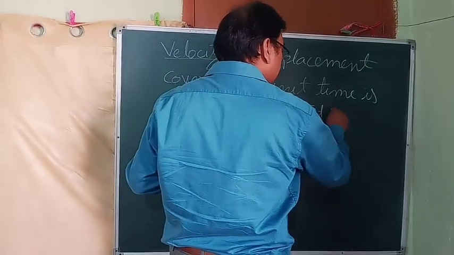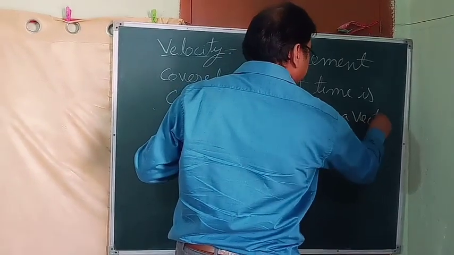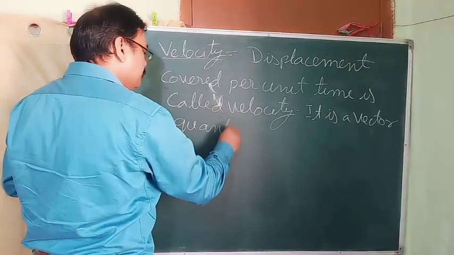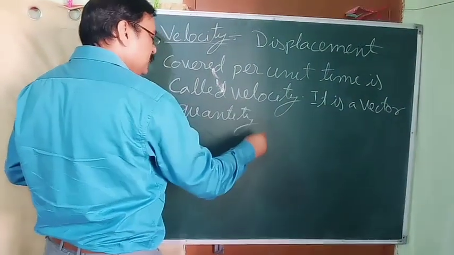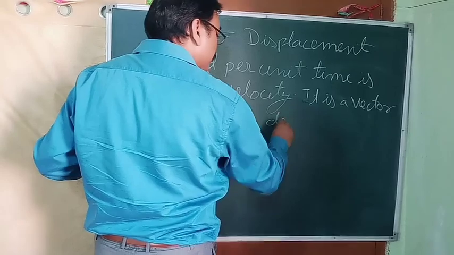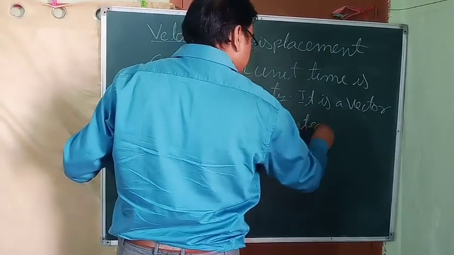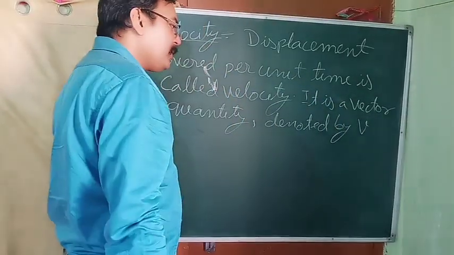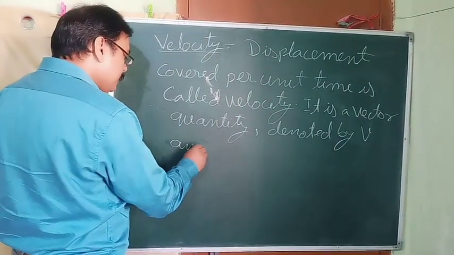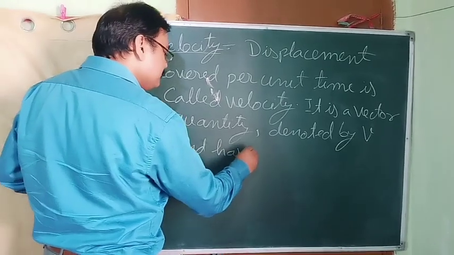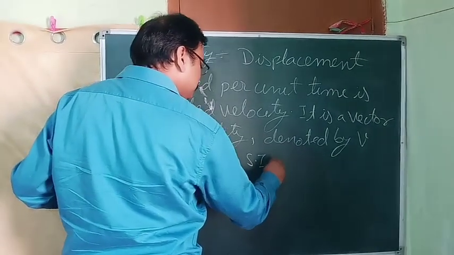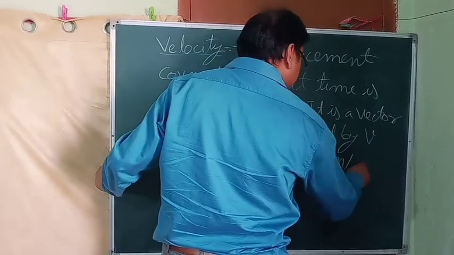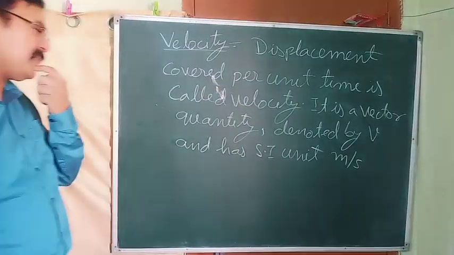It is a vector quantity, denoted by V, and has SI unit, meter per second. That is the SI unit.